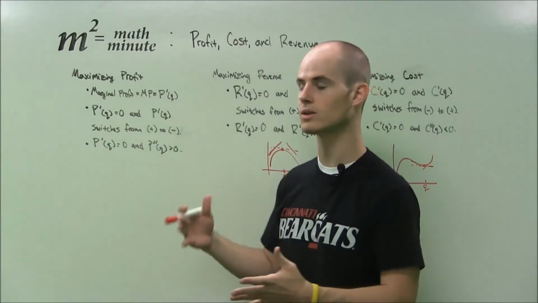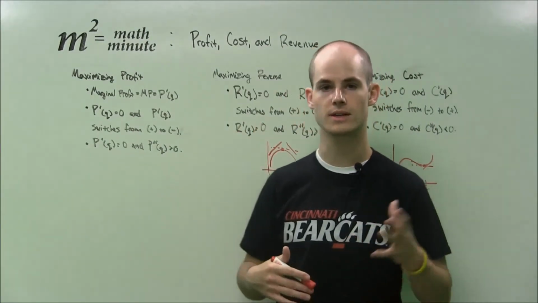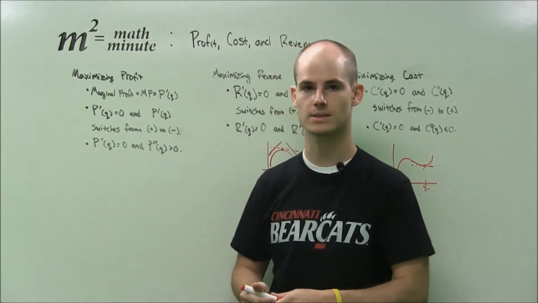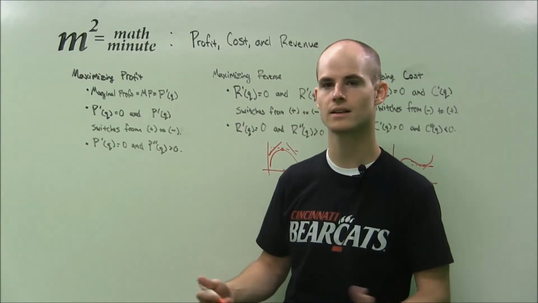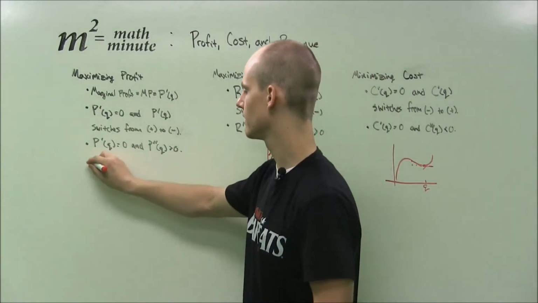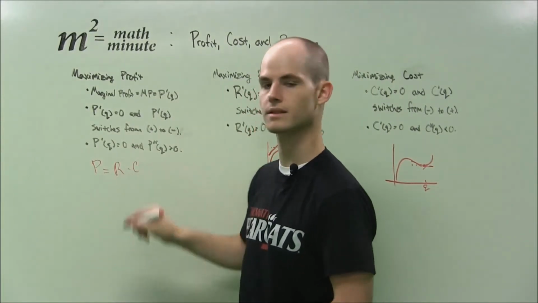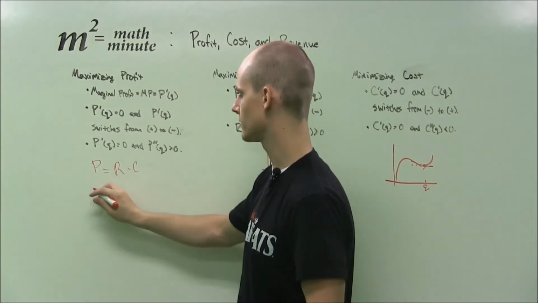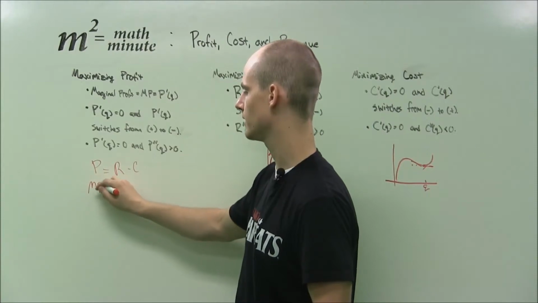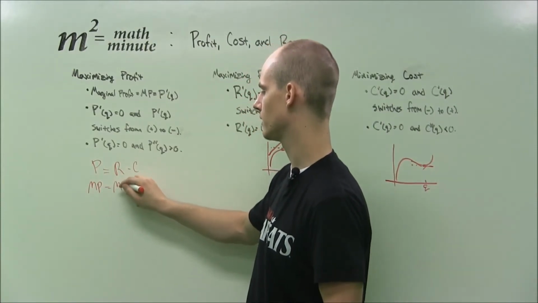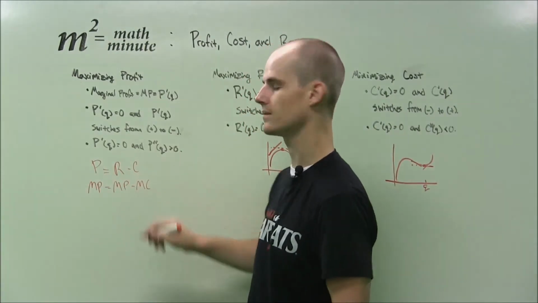Now there's one other thing I'd like to talk about. Previously I mentioned that when marginal revenue equals marginal cost, then we've maximized profit. But why is that? Well, we know that profit equals revenue minus cost. Now, if we take the derivatives of all those, we have marginal profit equals marginal revenue minus marginal cost.